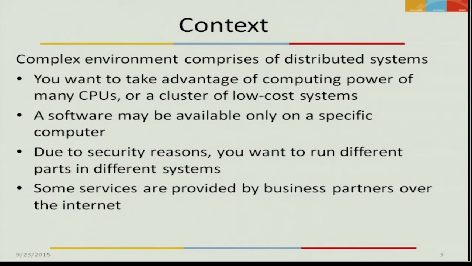Now actual credit card based authentication is performed by maybe Visa or MasterCard kind of companies or other banks. So you would like to use their service to accomplish the task, and if this needs to be realized in real time, then you need to access the service over the internet. So this also makes the whole system distributed.